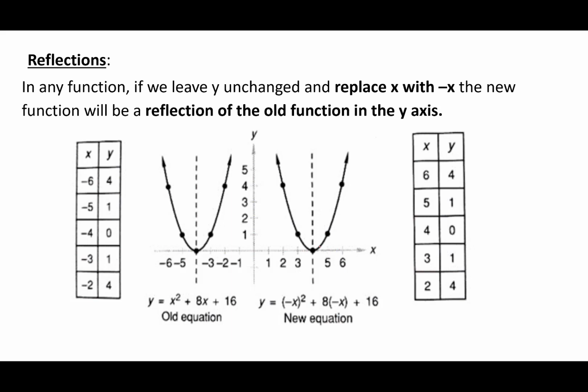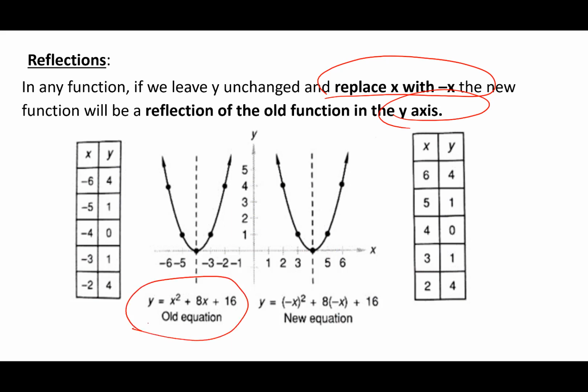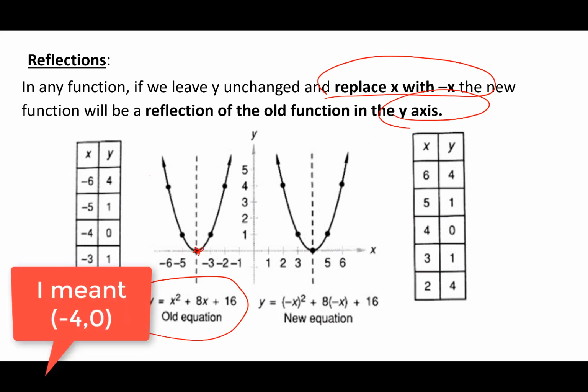Now, reflections. In any function, if we leave y unchanged and replace all the x's with negative x, the new function will be a reflection of the old function in the y-axis. So you have this parabola here that has its vertex at 0, -4, and it looks like this on the left side.